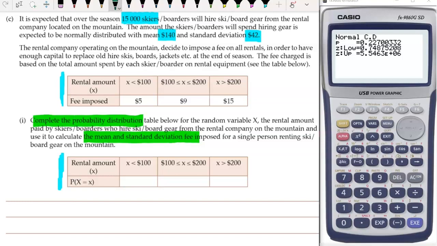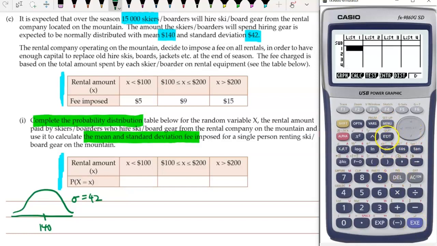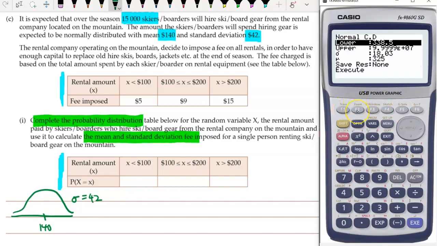So let's start with, we've got a normal distribution where the mean is $140 and sigma is 42. So working out the probability that they would spend less than 100 first, if we go to our distributions, normal, cumulative, we're going up to 100, so 0 is our lower amount, up to $100.